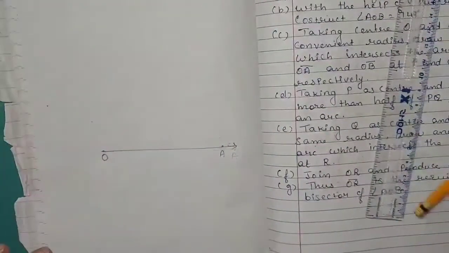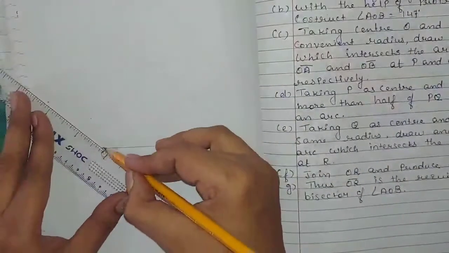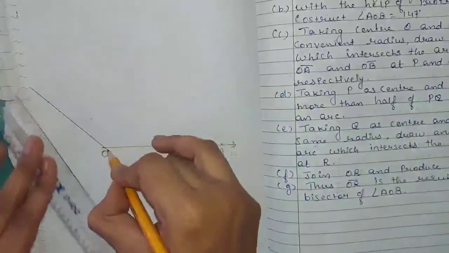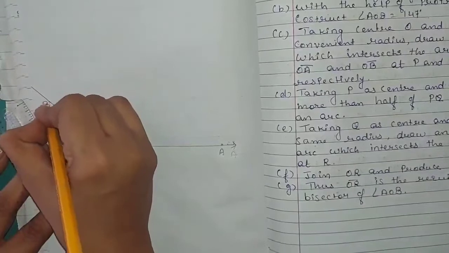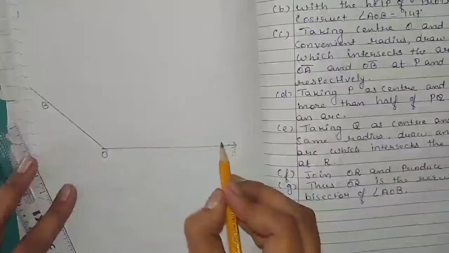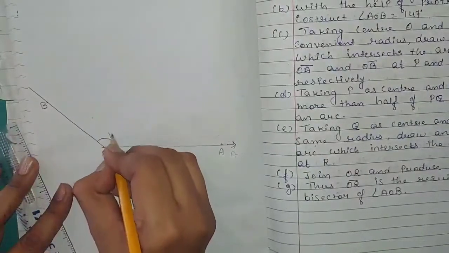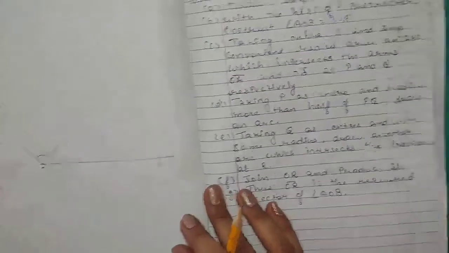Now we have to join this marking point with O, and we take the point as B. Angle AOB is 147 degrees.